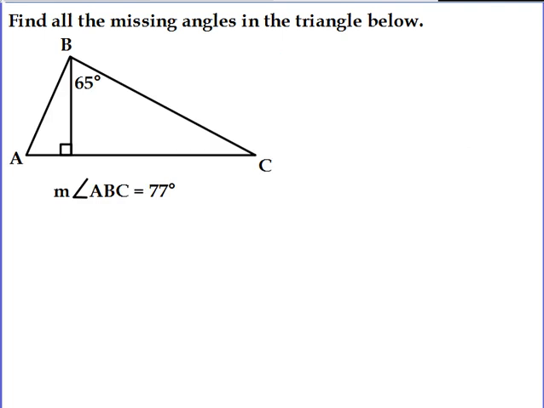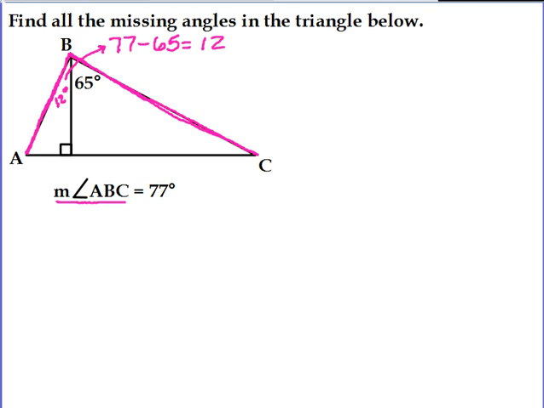And we have one more picture here. And again, this notation here is going back to the beginning of the year, but remember when you're following an angle, A, B, C, so A, B, C is going to be that angle there. So that whole thing is 77. So to get this little piece, I'm just going to take 77 minus 65, and that's going to give me that little one in there is 12 degrees.